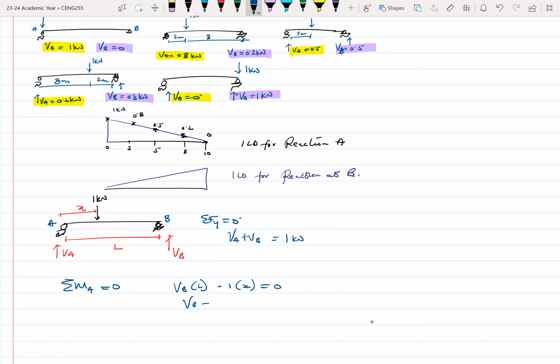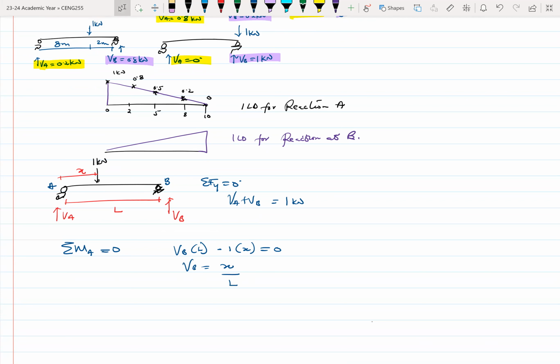VB is equal to X over L. So if VB is X over L, this implies that VA will be equal to 1 minus X over L, or some will say L minus X over L. It's the same thing. So this equation can be used. I mean, this helps us.